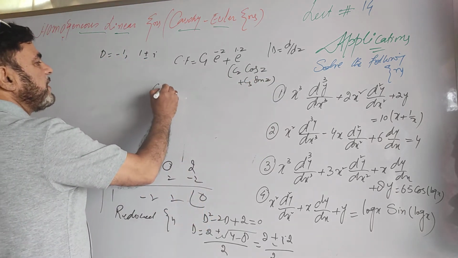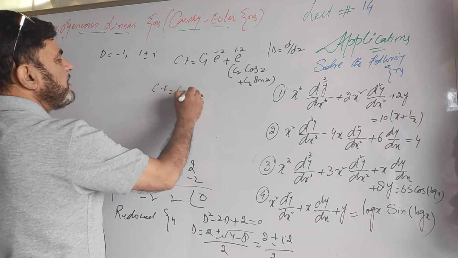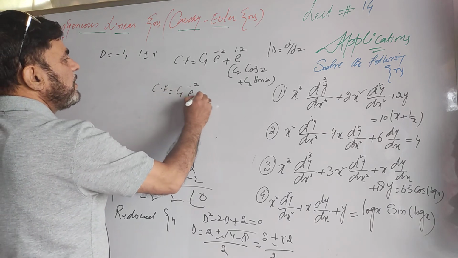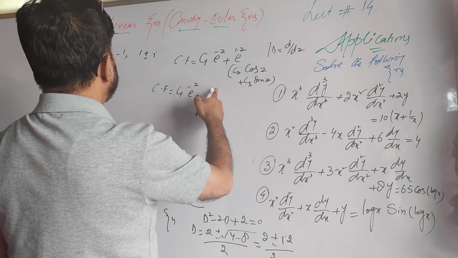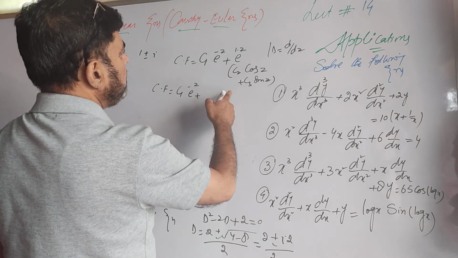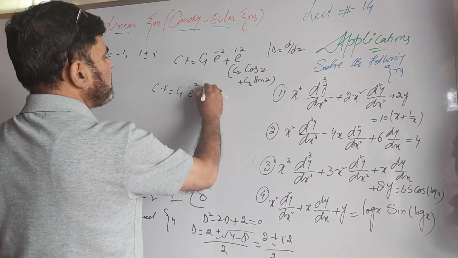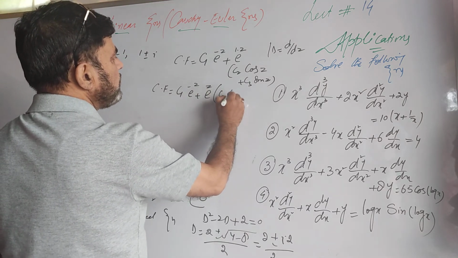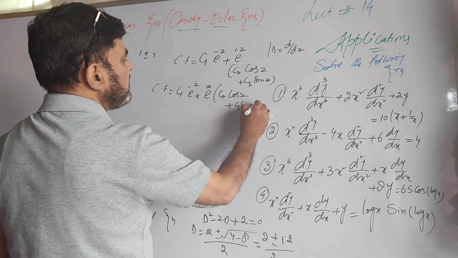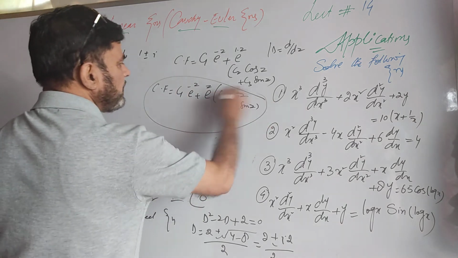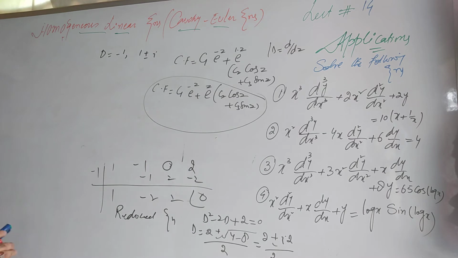So my complementary function is c1 e raised to power minus z, it has 3 roots, plus e raised to power z into c2 cos z plus c3 sin z. Let us underline this. This is your complementary function.